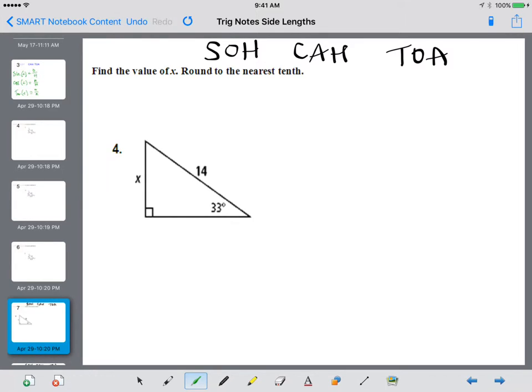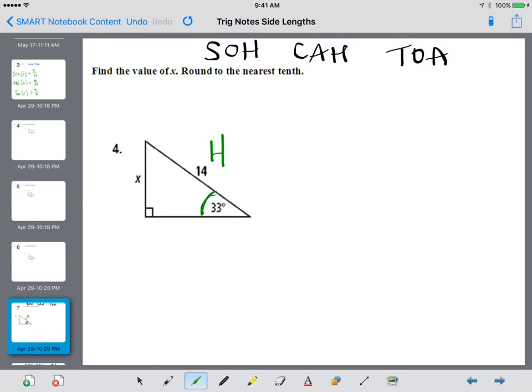Find the value of x, rounded to the nearest tenth. Wherever you see the angle, this is our angle of reference. It's 33 degrees. We can find this side length knowing this angle and that side of 14. What we need to identify is, from this angle, which sides do we have?